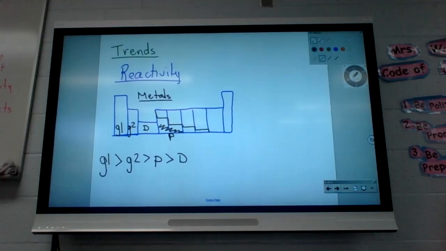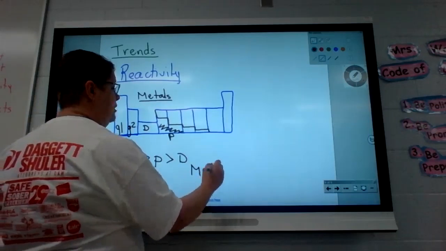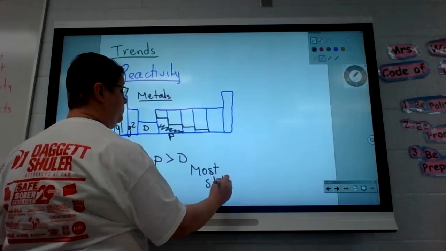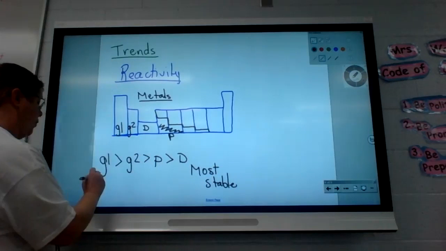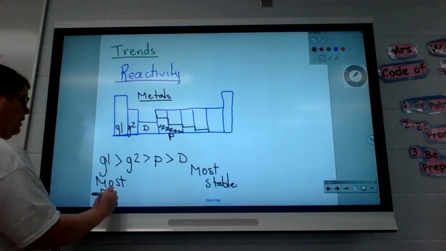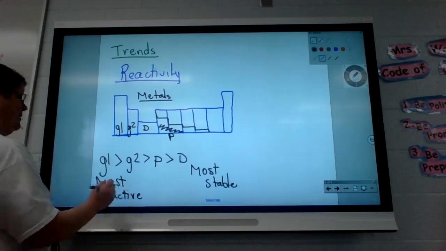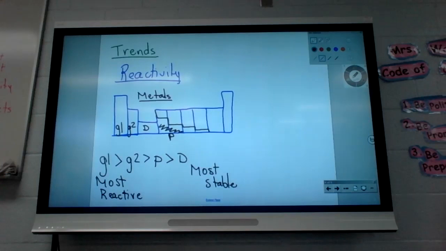D block. So the D block is the most stable, and group 1 was the most reactive. Now, this is what you were supposed to know before we did the test. You should know that.